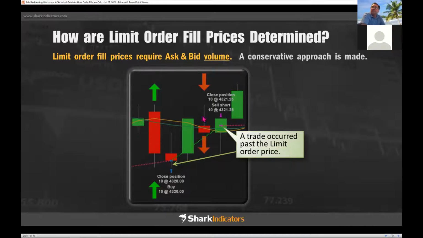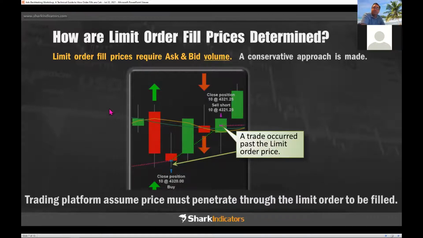Since the volume is missing, the platform doesn't know if there's enough volume to fill your limit order when price touches it. Therefore, a conservative approach is made in the back testing results. The conservative approach is price has to penetrate through your limit order in order to consider it as being filled.